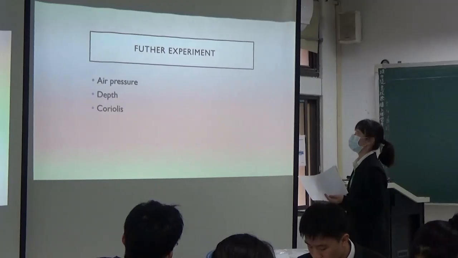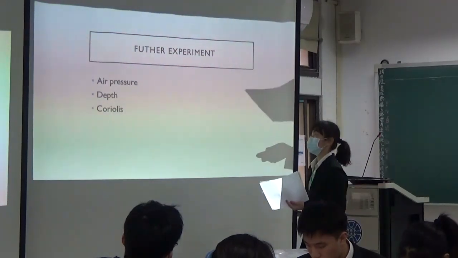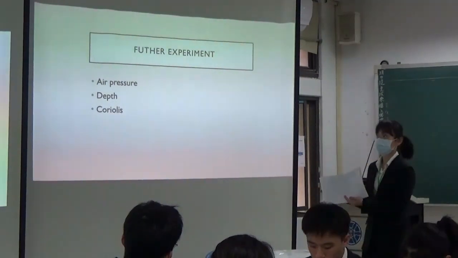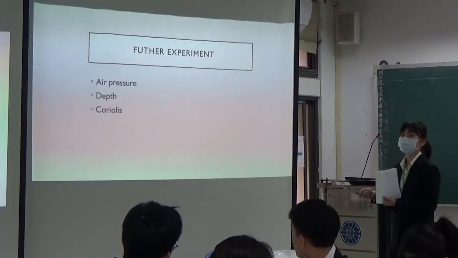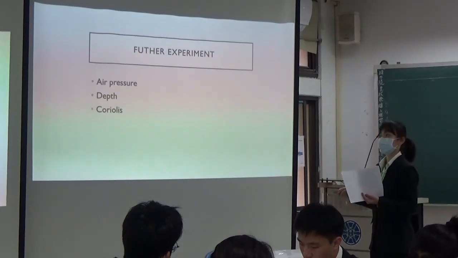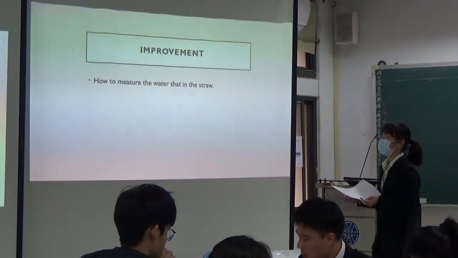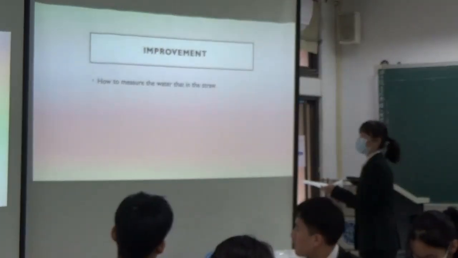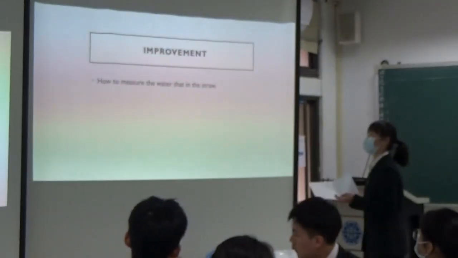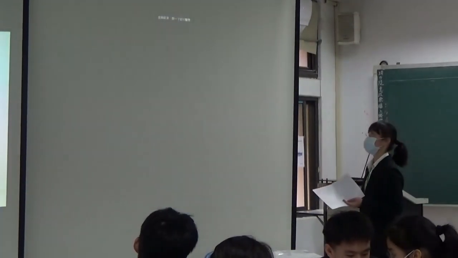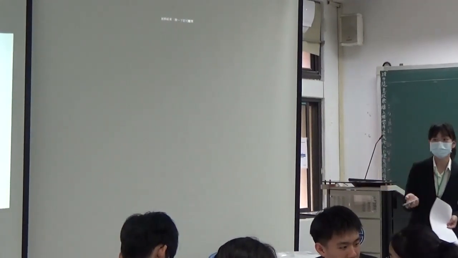Future experiments: air pressure and depth. And I think this one is good because he thinks about the statement well. For improvement, I will ask him a question next, and the first one is how to measure the water in the straw. And I will discuss it with the reporter.